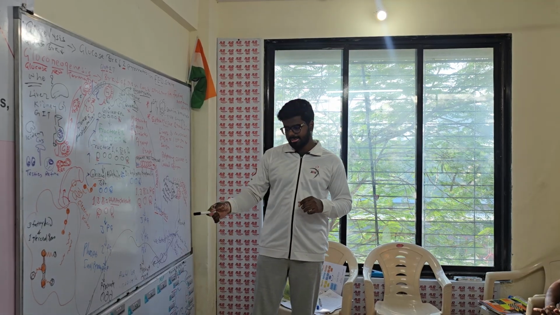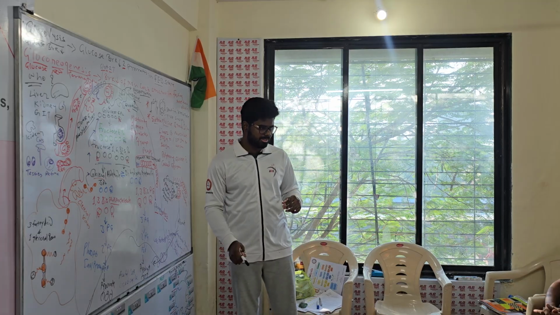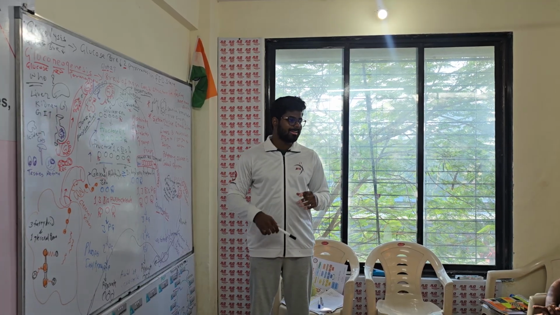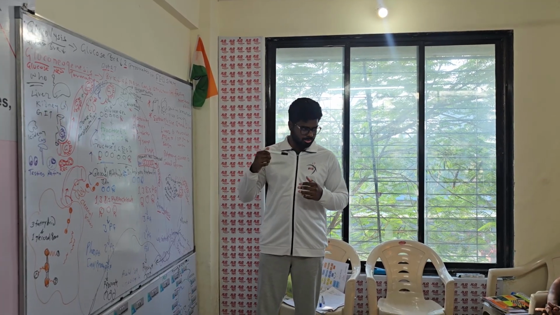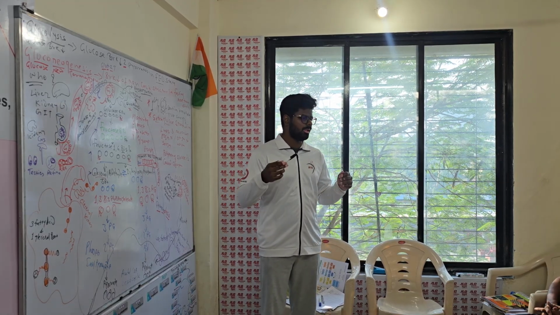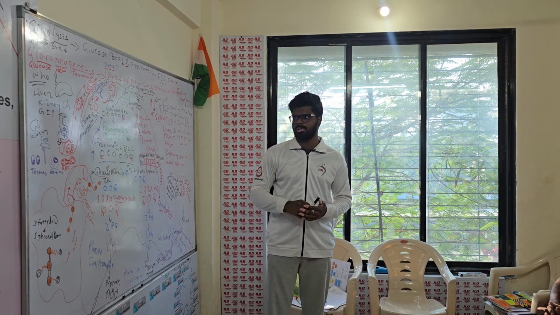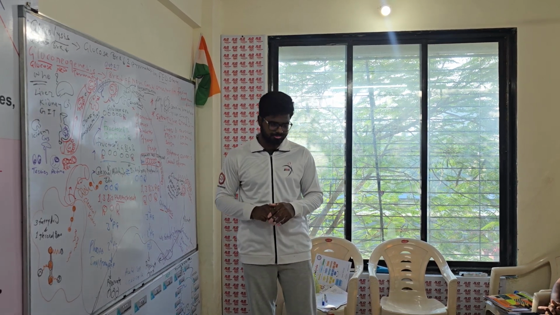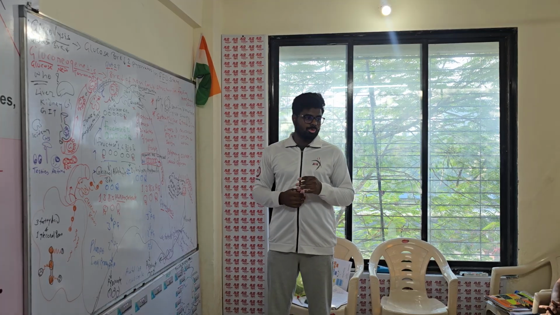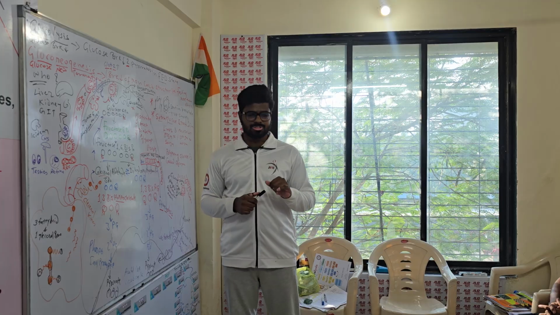Then the phosphoenolpyruvate will convert into pyruvate, and this pyruvate can go through the Krebs cycle, and ATP will be formed. So this is all about glycolysis.